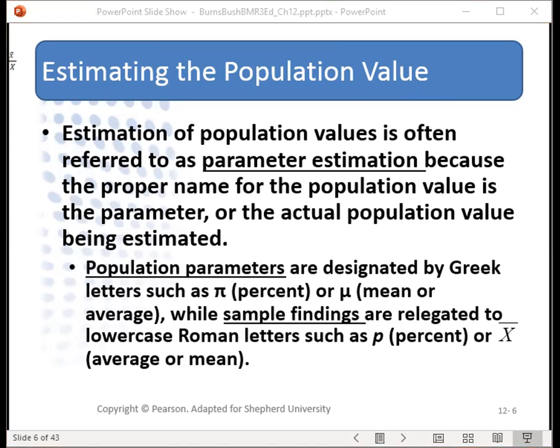A confidence interval is a range, a lower and upper boundary, into which the researcher believes the population parameter falls with an associated degree of confidence. Typically the confidence levels are going to be 95 or 99%, and often in marketing, it's going to be 95%.